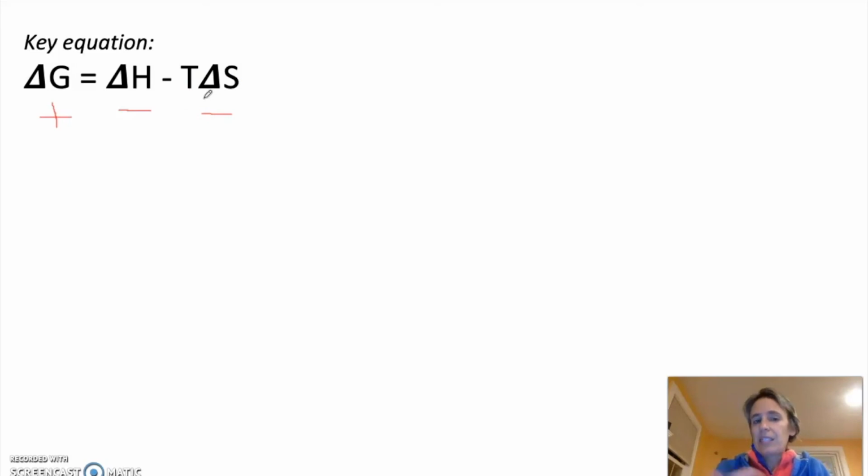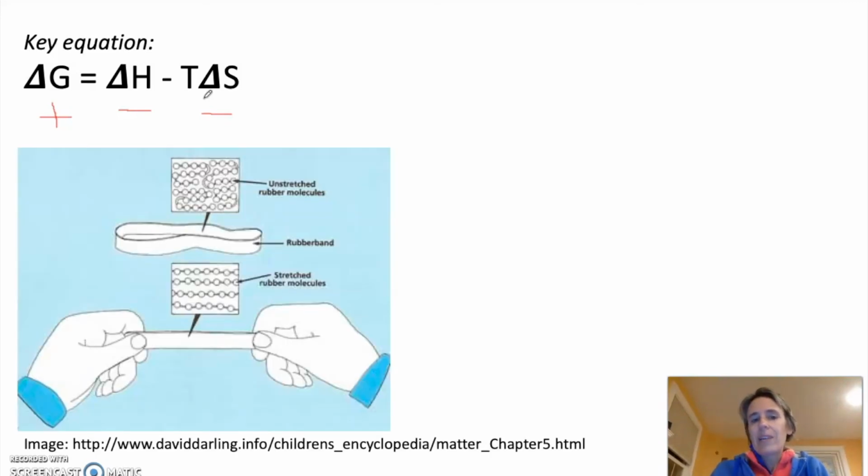So let's just try to think if that makes sense. Am I lowering the entropy of the system? Am I making this less dispersed when I stretch the rubber band? Or less disordered or more ordered, I guess is the easiest way to state that. Well, let's think about what this rubber band is made out of.